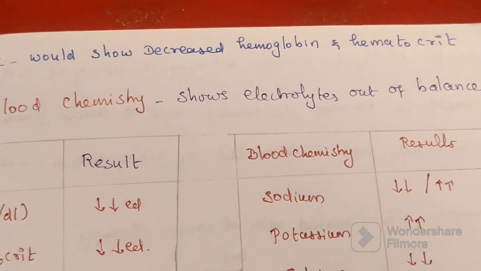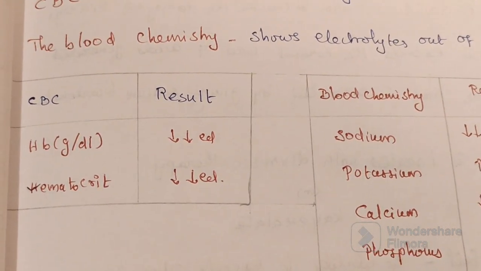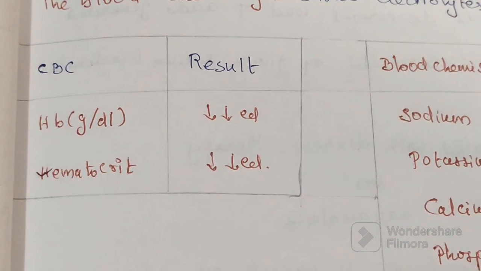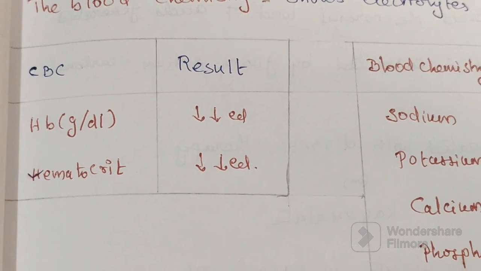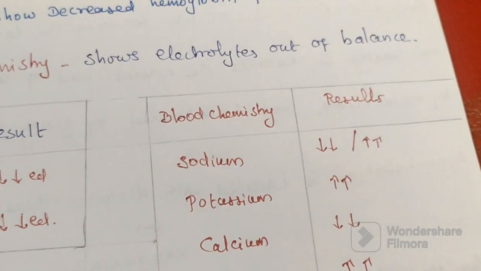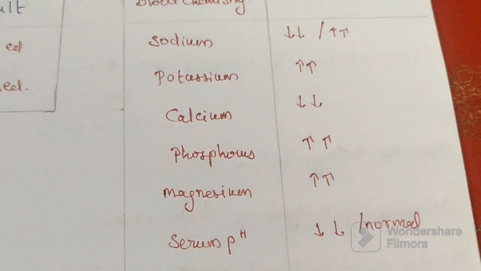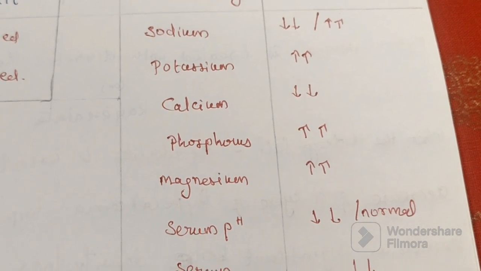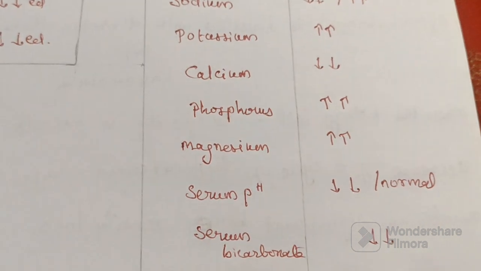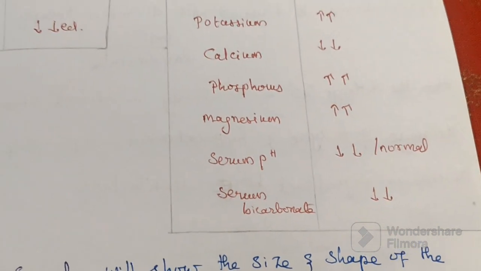The blood chemistry shows electrolytes out of balance: potassium level increased, calcium level decreased, phosphorus level increased, magnesium level increased, serum pH decreased or normal, and serum bicarbonate decreased.